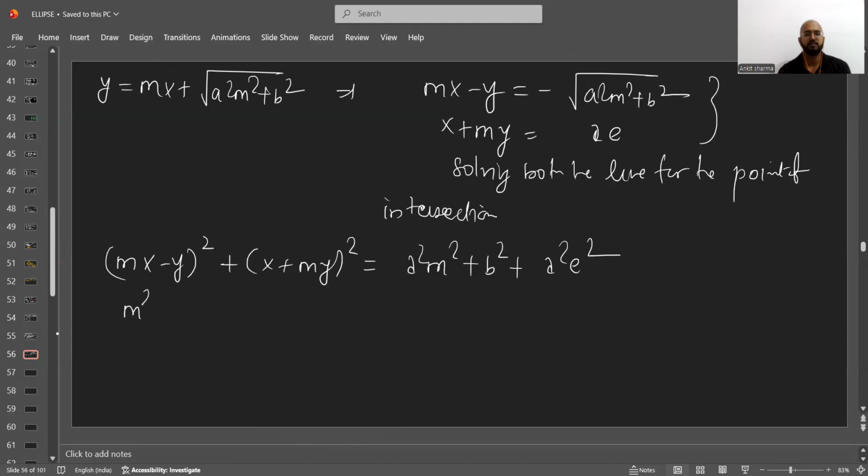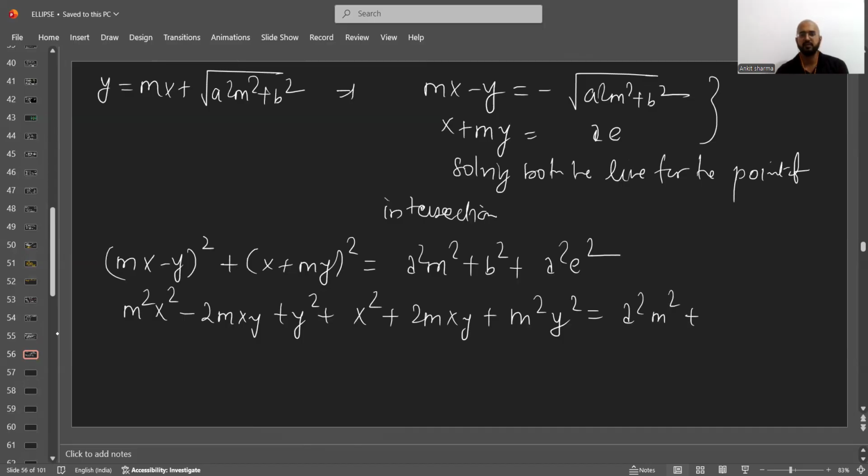This gives m square x square - 2mxy + y square + x square + 2mxy + m square y square = a square m square + b square + a square minus b square. The b square gets cancelled, and the 2mxy terms also get cancelled.